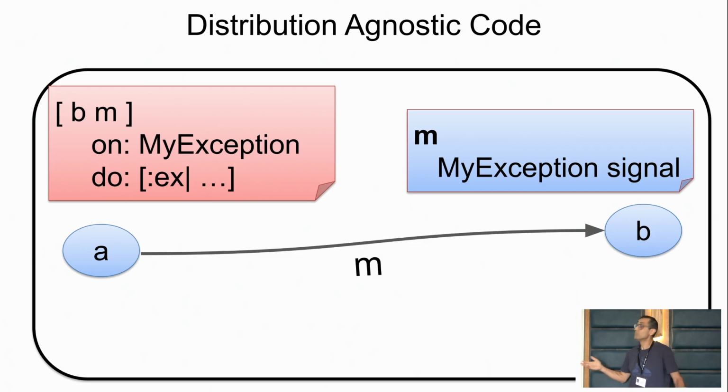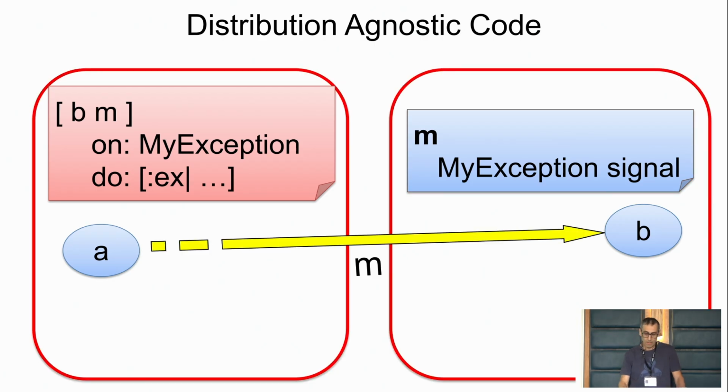We are aware of it, and we have a handler on the side of A that does something special on exception. But what happens if we distribute the same code? For a good developer experience, we should not change the code because we change the way we distribute it. This is what distribution agnostic code means.